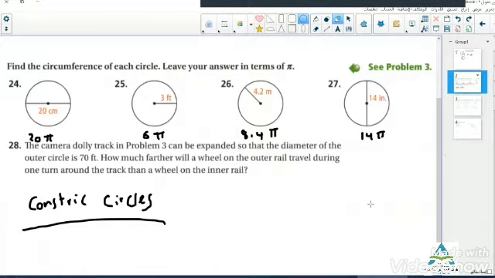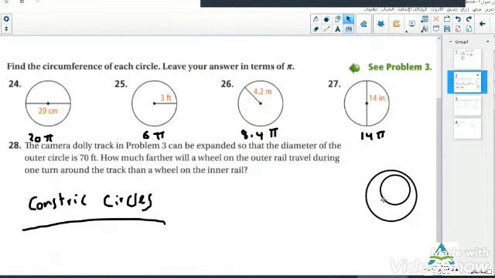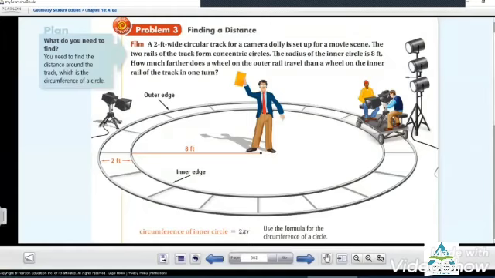Here, like this one, and this one. These two circles are called concentric, and they have the same center. Okay, let's go back to the problem.